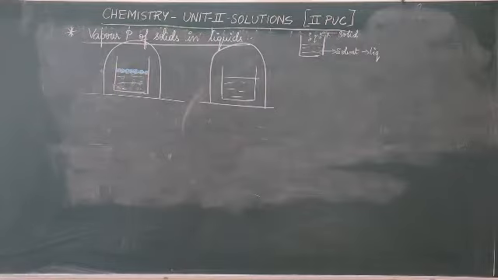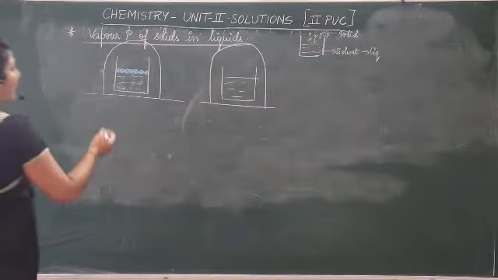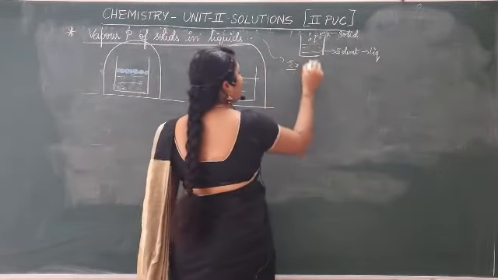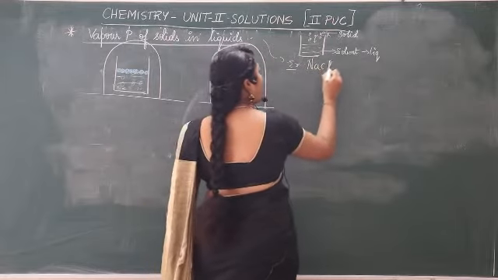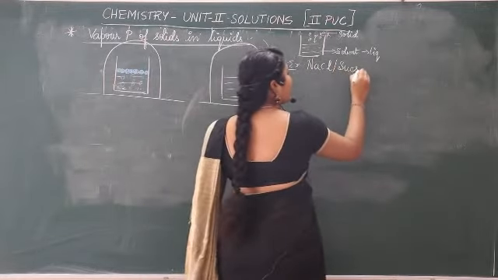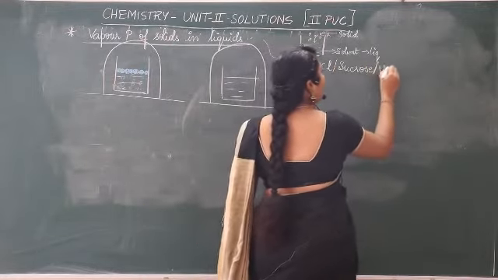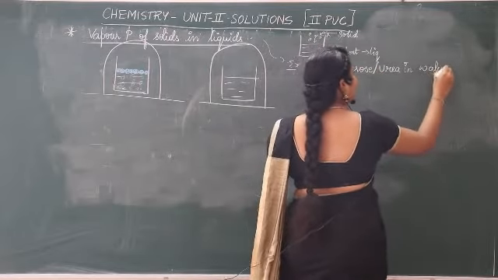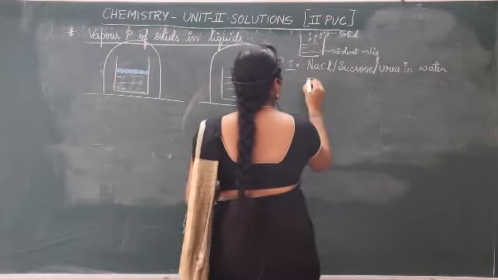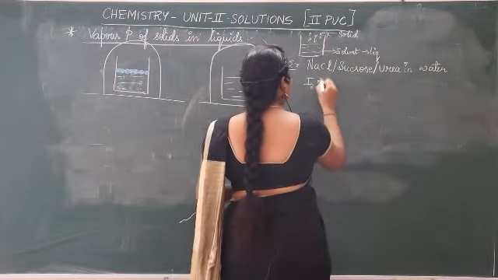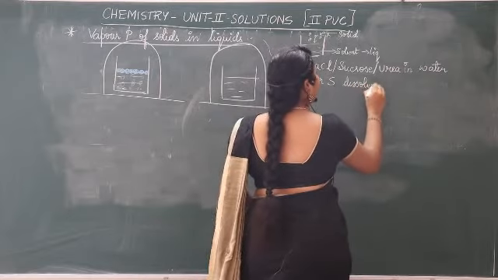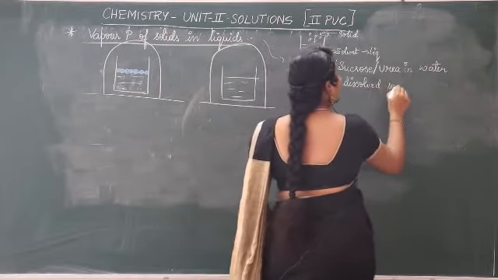Now let me give some examples. Examples for solids in liquid solutions are sodium chloride or sucrose or urea dissolved in water, or iodine or sulfur dissolved in carbon disulfide.